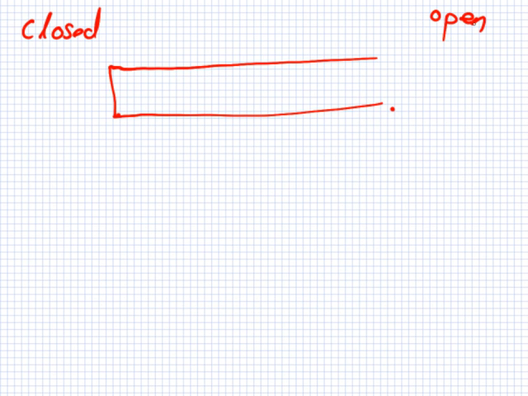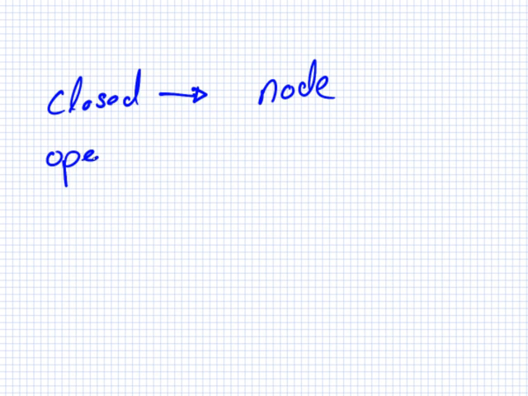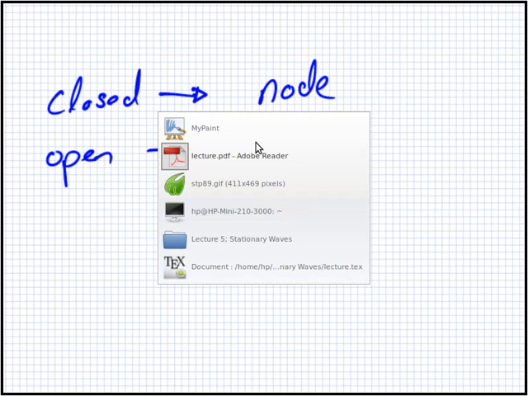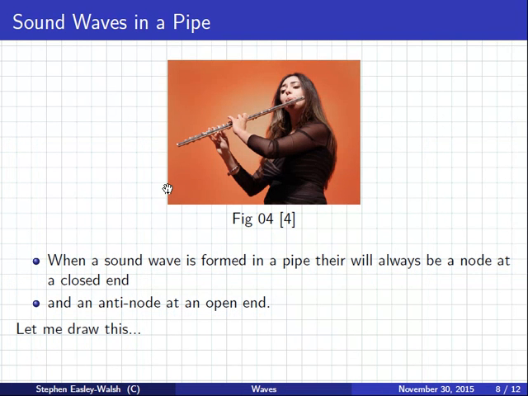The key thing I want you to know about these pipes is that at a closed end, you always have a node, and at an open end, you always have an antinode. And I think I say that here actually. So there'll always be a node at the closed end and an antinode at the open end.